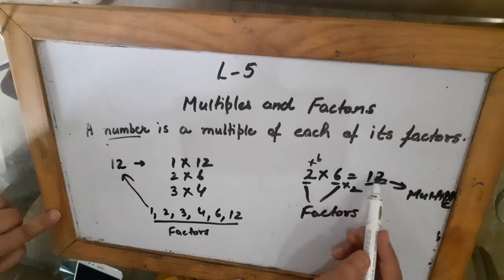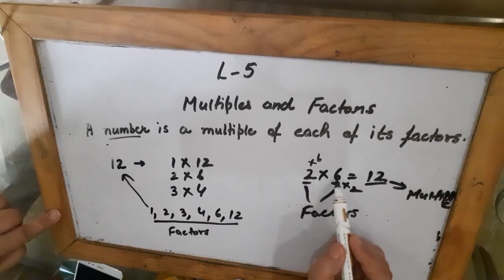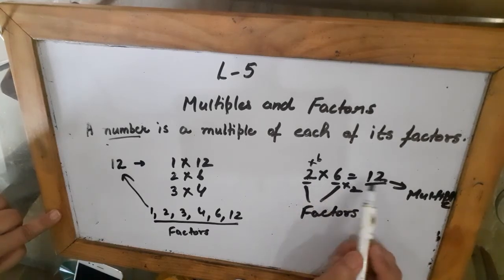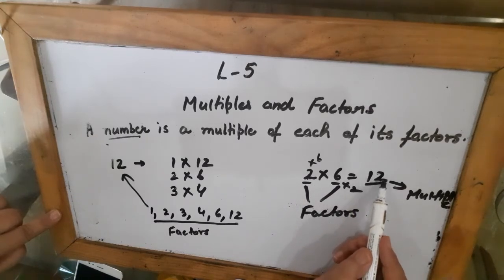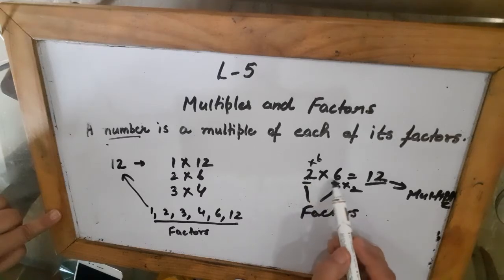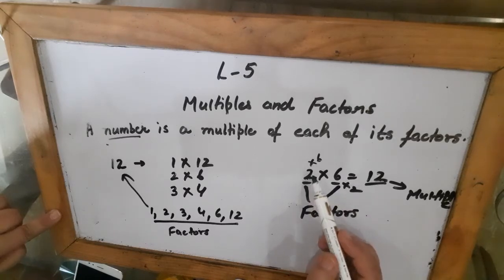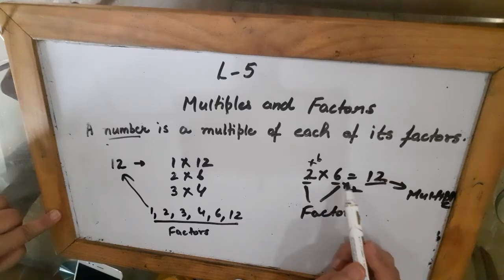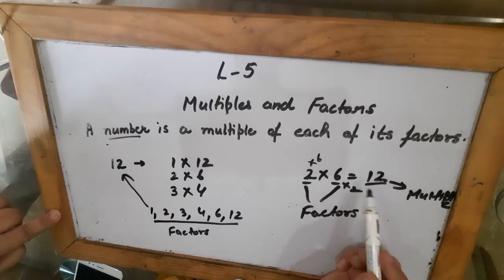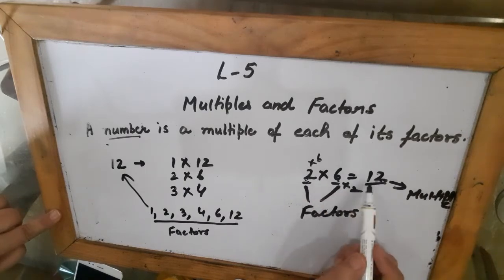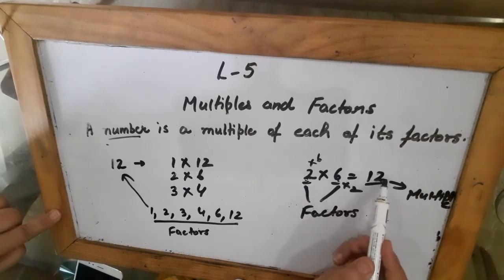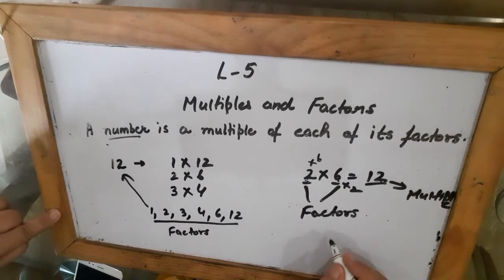How are they related? 2 and 6 divide 12 exactly, so they are factors of 12, and 12 is a multiple of 2 and 6. Let me take one more example.